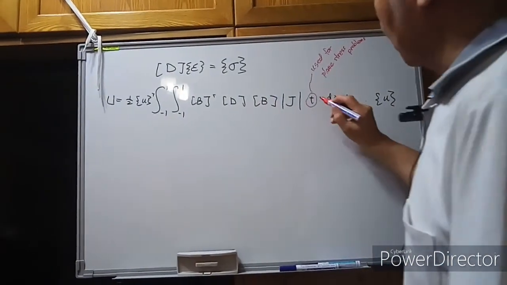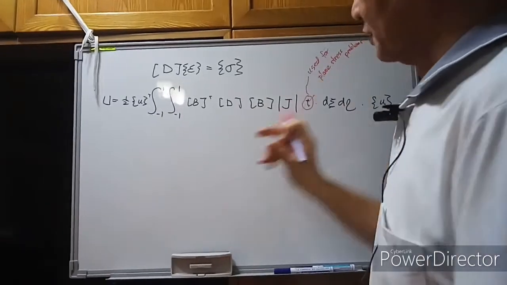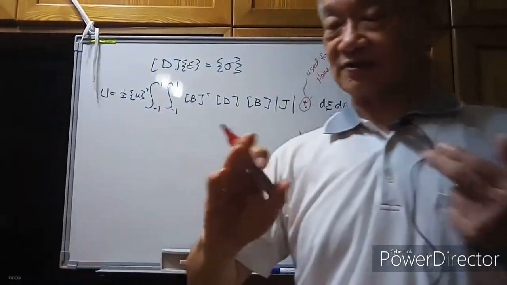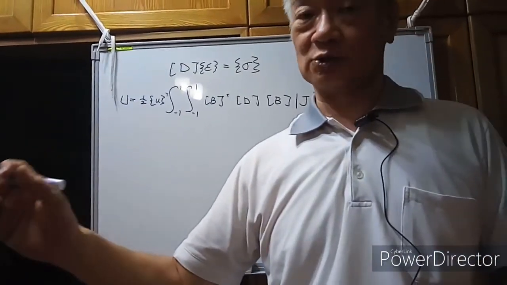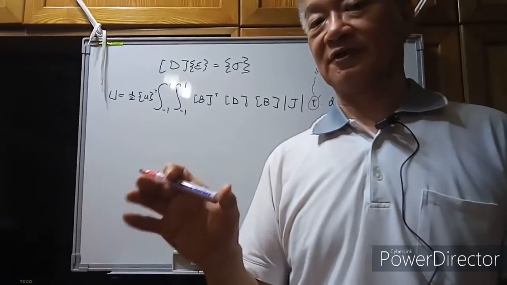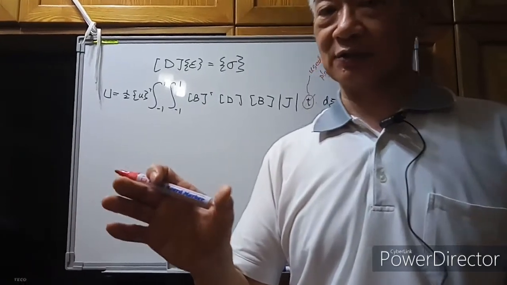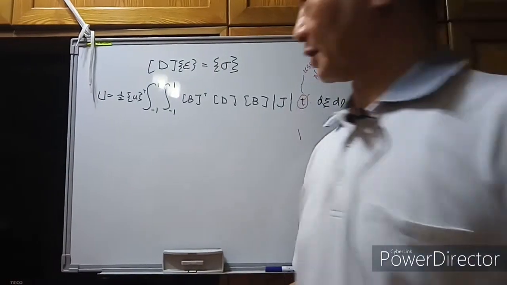But for the plane strain problems, usually we just take the thickness of 1. Okay, so although the thickness along the z direction is close to infinity, we just take out a unit thickness. So we just calculate the strain energy for a unit thickness along the z direction.